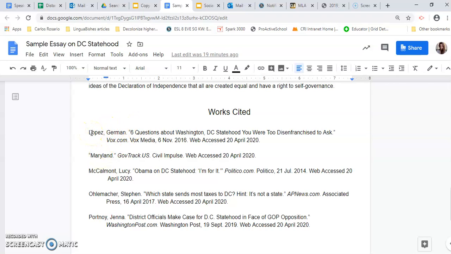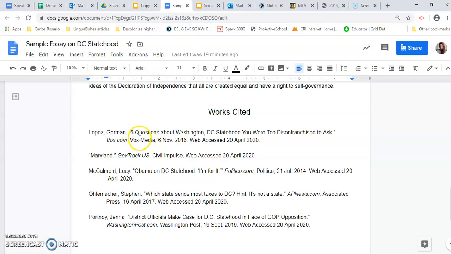So the basic structure for an MLA citation is author's last name, author's first name, period, quotation mark, title of the article, period, quotation mark. The website title in italics.